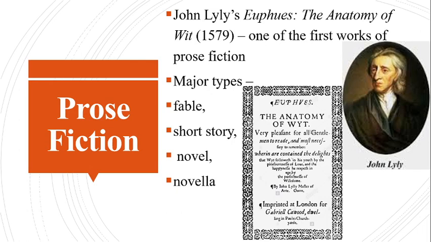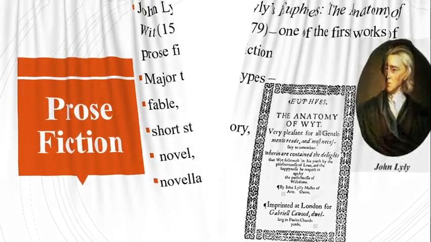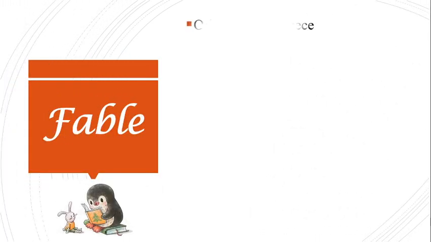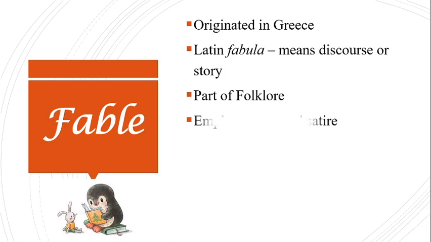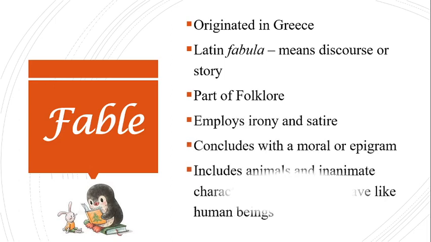Now, in this video, we will discuss the first type of prose fiction, namely the fable. The fable originated in Greece and was one of the earliest and simplest forms of prose fiction. The term fable is derived from the Latin term fabula, meaning discourse or story.